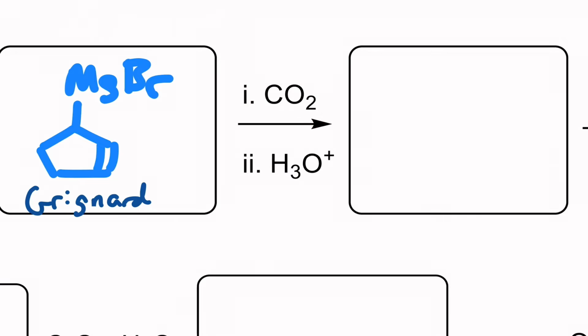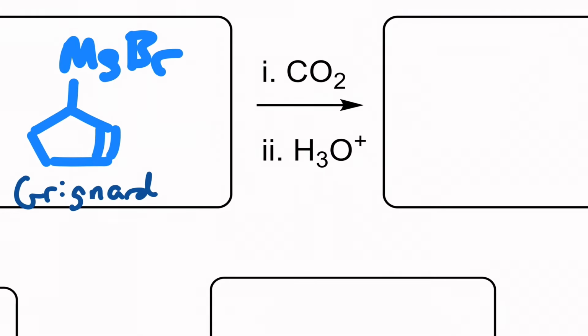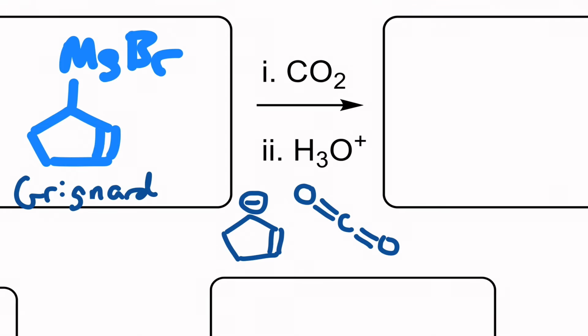If you forget how that happens, remember how we think of Grignards. Grignards behave like negative charges where the metal's attached. And then if I picture a carbon dioxide molecule, the arrow pushing would look something like the negative carbon attacking the CO2, sending a pi bond up, and you get a new carbon-carbon bond.